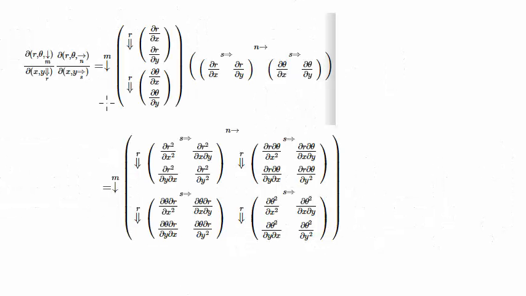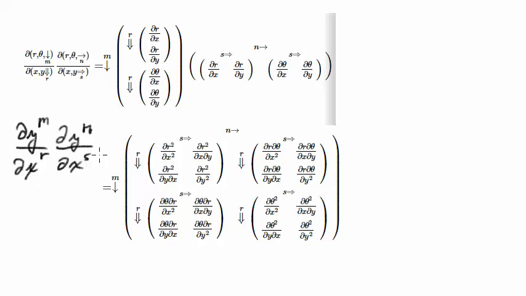Okay, now let's look at this equation, which produces a rank 4 tensor. First of all, you can tell if this was written in Einstein notation, or the way that it's written in Einstein Field Equations for Beginners, this would be del y sub m superscript m del x superscript r del y superscript n del x superscript s.